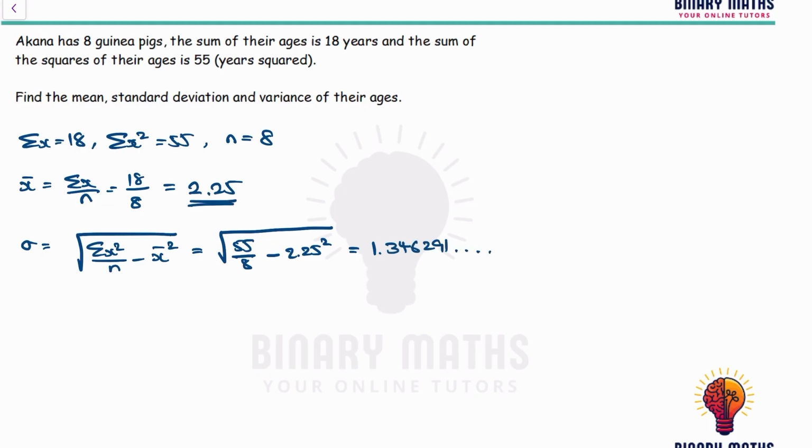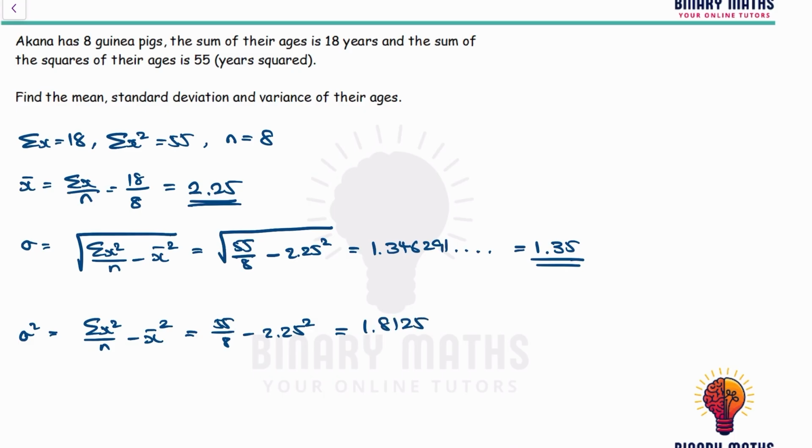When rounded, this will be 1.35. Variance is sigma squared, which is just sum of x squared over n minus x bar squared, which is 55 over 8 minus 2.25 squared, which is equal to 1.8125.